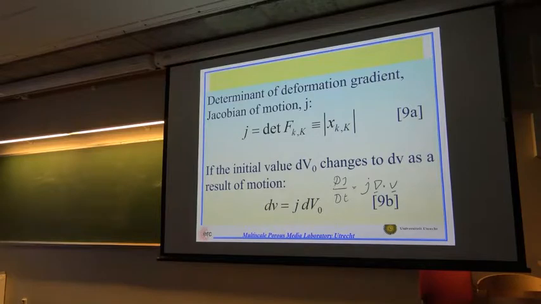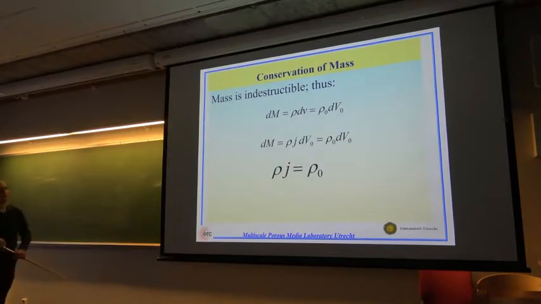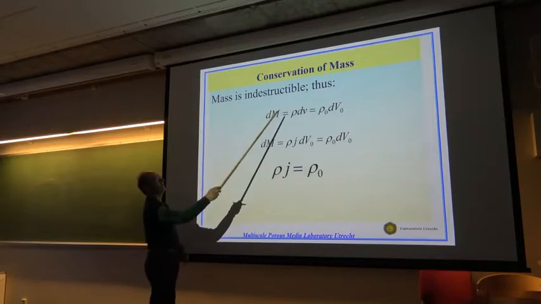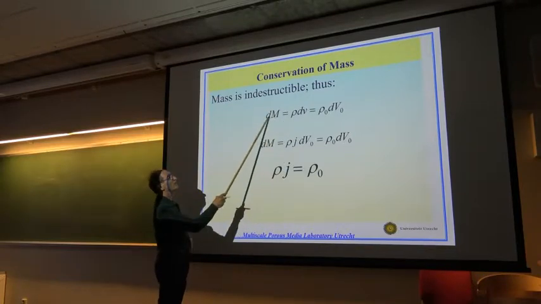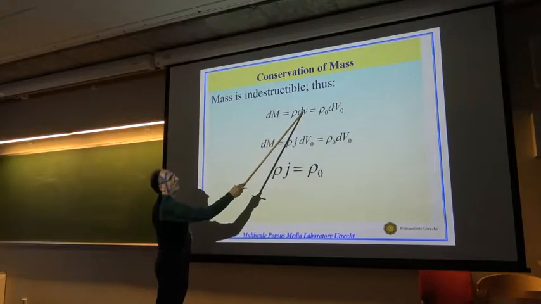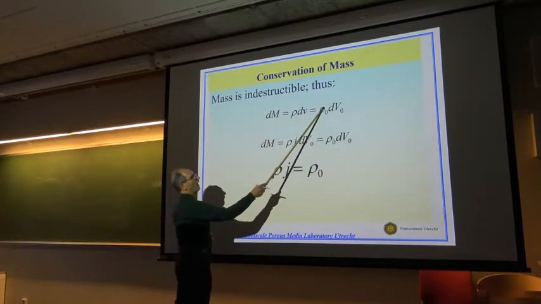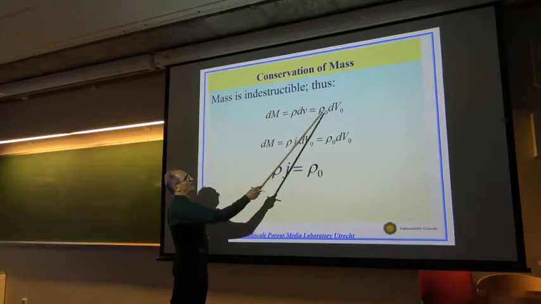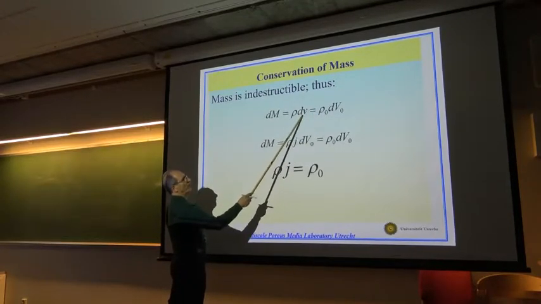Okay, so with that, we can also show that because mass is indestructible and cannot be created, the total mass of an element remains the same after deformation and is equal to its initial value. So we have this identity because of mass balance.